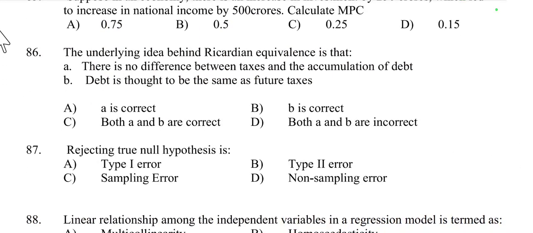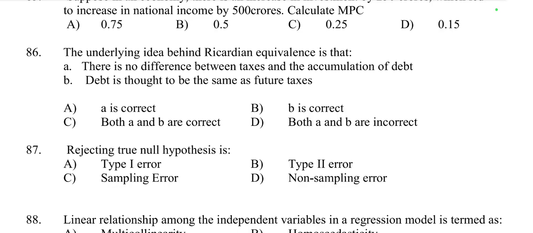Then question number 86. The underlying idea behind Ricardian equivalence is that... So what is Ricardian equivalence? The Ricardian equivalence theory was proposed by David Ricardo and later developed by Robert Barro.